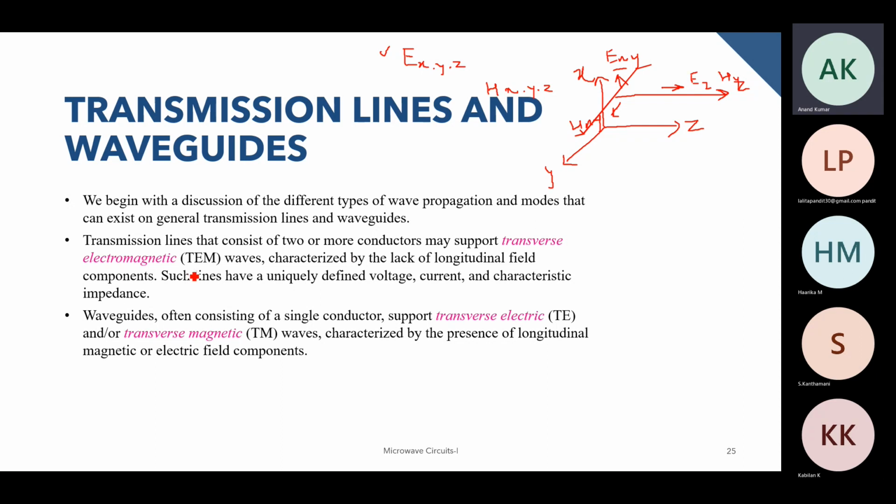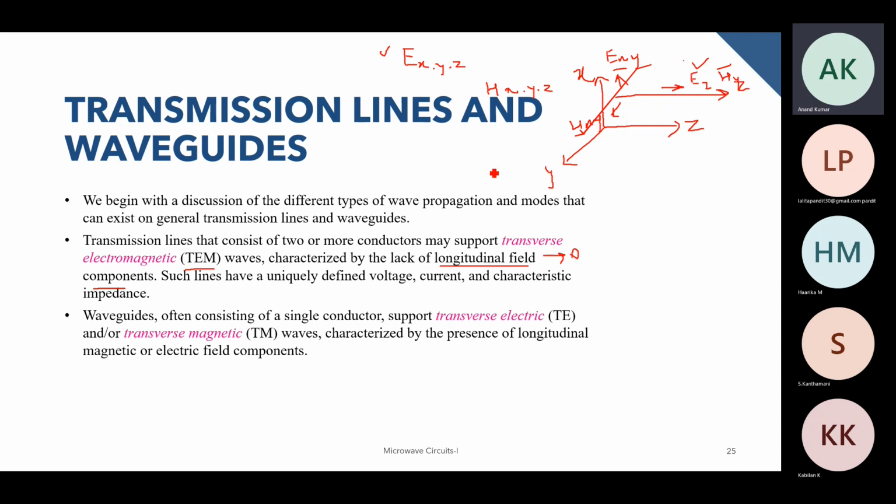So for a TEM wave, the longitudinal field components are zero. If Ez and Hz are zero, the wave will only have Ex, Ey, Hx, and Hy terms, and it will be a TEM wave.